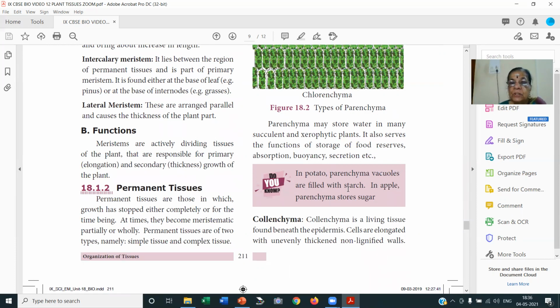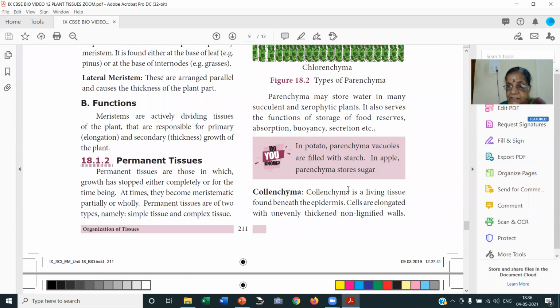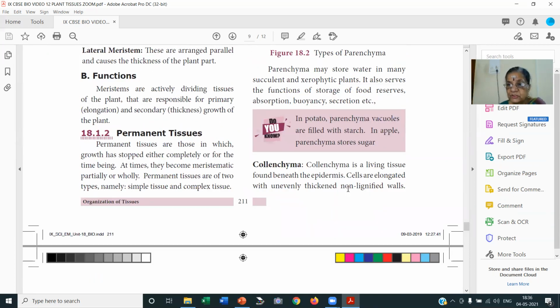Okay. Then collenchyma is a living tissue found beneath the epidermis, and the dicot stem figure comes in there. It is also known as hypodermis. Cells are long, elongated, with unevenly thickened, non-lignified walls.